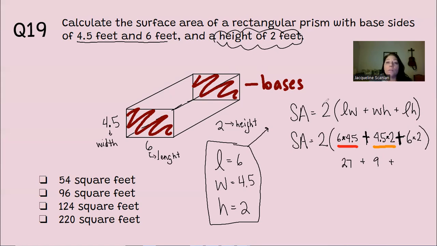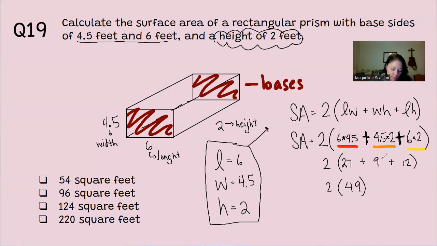And then I'm going to do 6 times 2, which is 12. Right? All I did was I multiplied everything inside that grouping symbol. Now I'm going to add everything inside the grouping symbol together first. So I'm going to do 27 plus 9 plus 12, and I get 49.